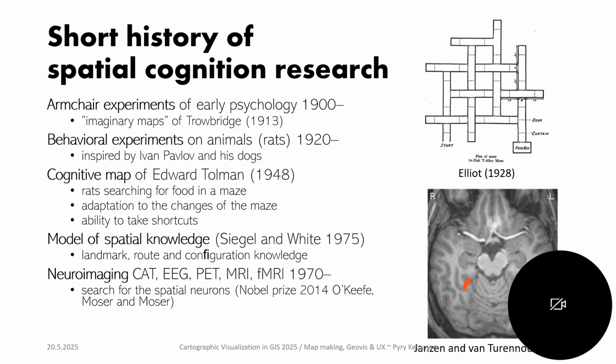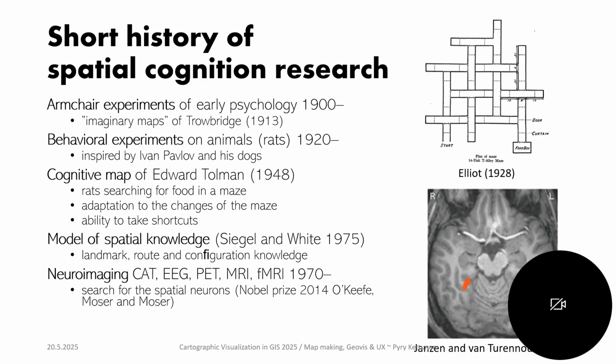And then it has gone to neuroimaging in this psychological sense since then, and there was even this spatial neuron that was found in 2000. They made this research over very long times, but they received the Nobel Prize in 2014 for finding this kind of cell in the brain that particularly processes these spatial relations and spatial thinking.